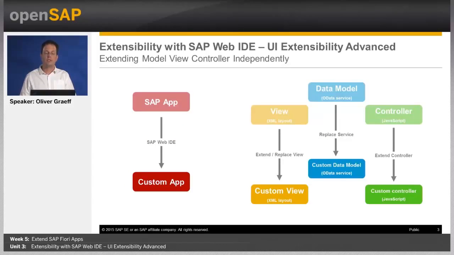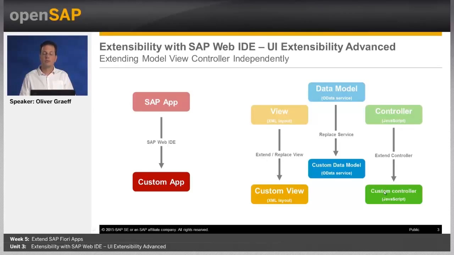This is a picture to visualize that you can handle the different parts of a UI5 view separately. So if you have the standard SAP app, you use Web IDE to build your custom app. And the standard SAP app consists of the view, the data model, and the controller, and each can be extended individually. So if it is only a visual thing you want to extend, then you extend the view or you replace the view.